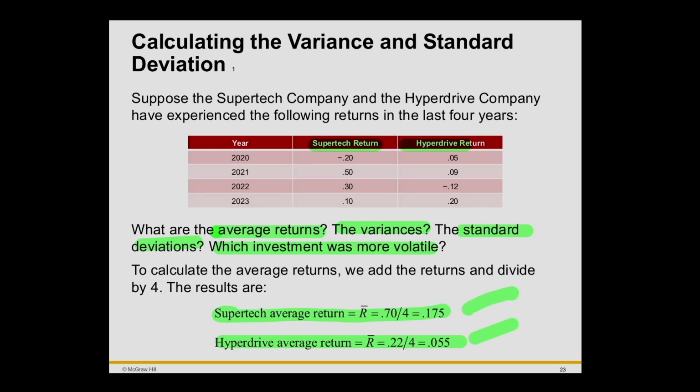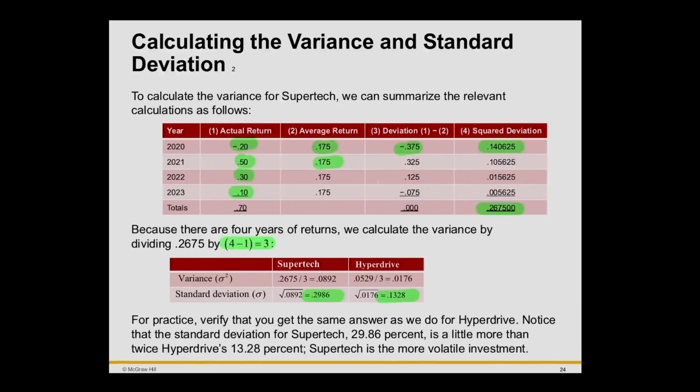So what you're going to find is that later on in the semester, we're going to calculate a measure of return per unit of volatility. And then we'll be able to tell which of these stocks actually provides a better return given the volatility. So we can't quite answer that question just yet.